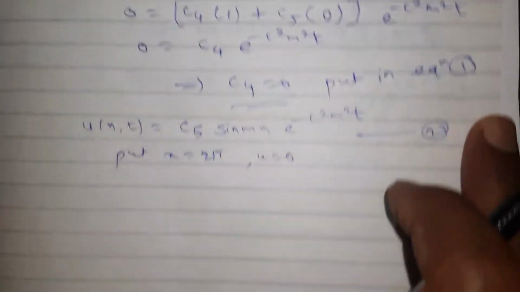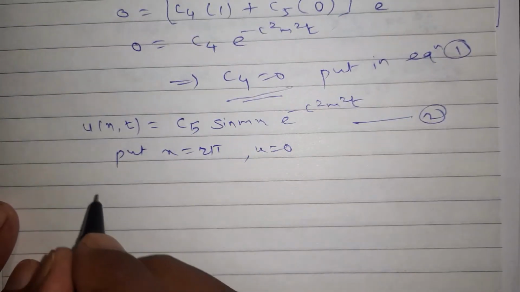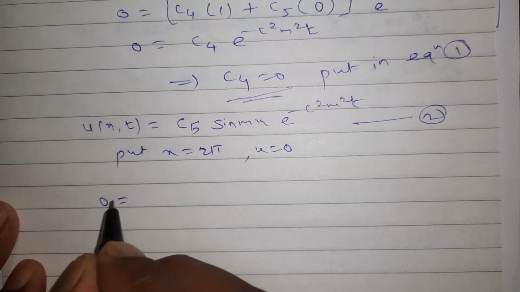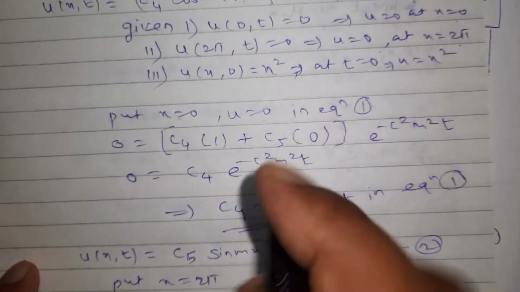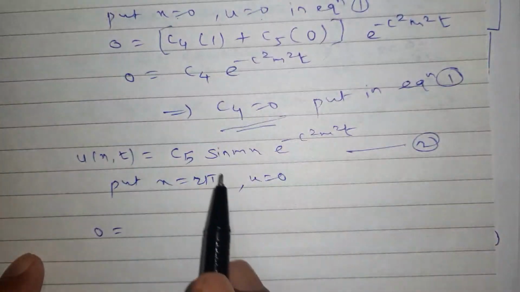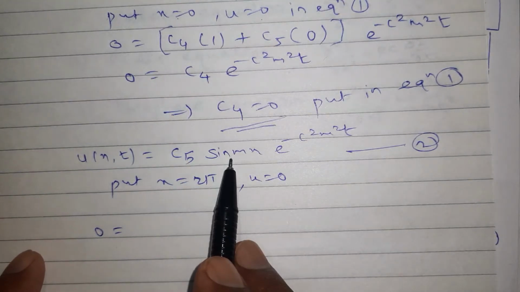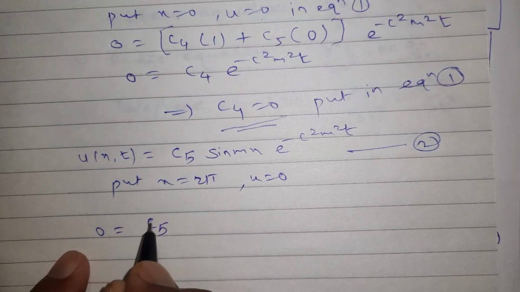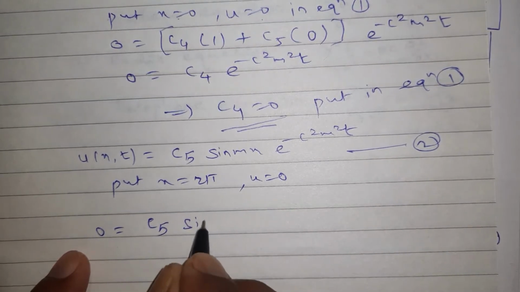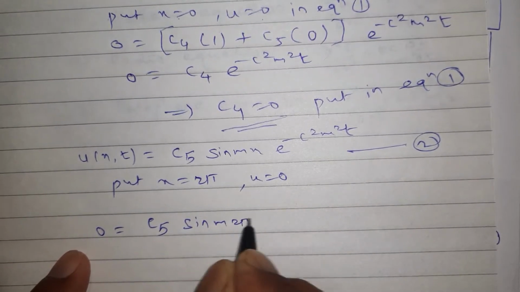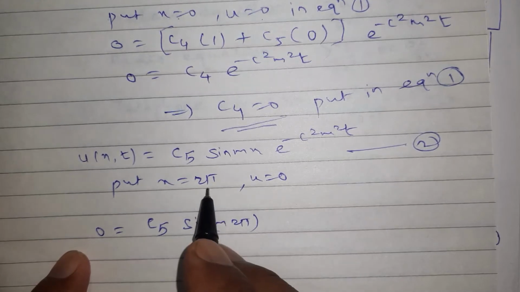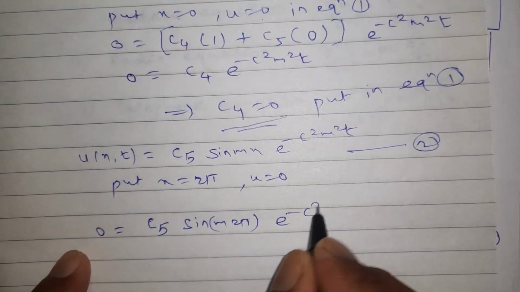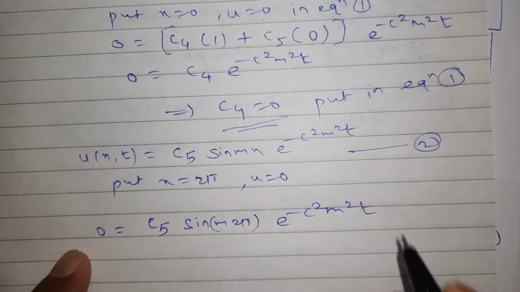From this second equation, 0 = C5 sin(m·2π) e^(-c²m²t). Instead of x, I am writing 2π.